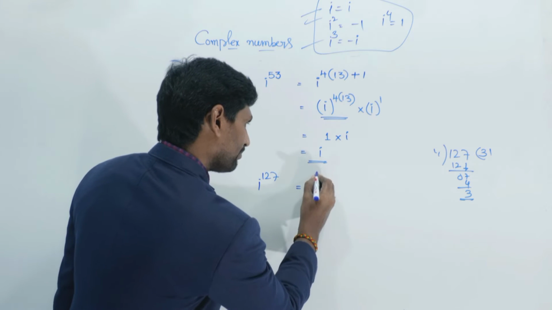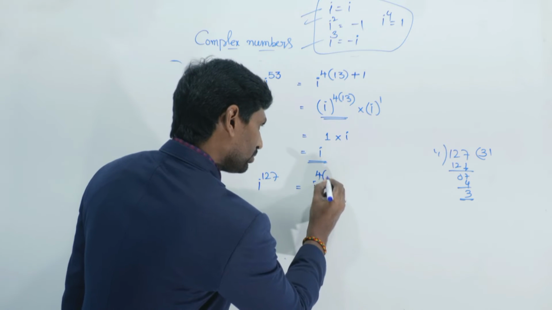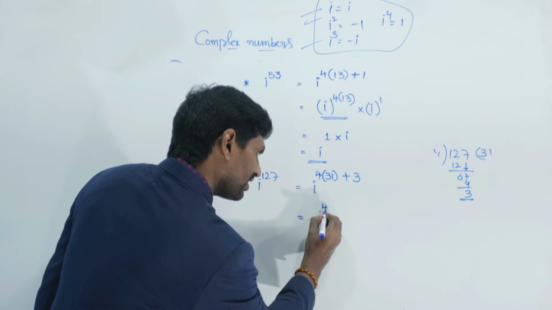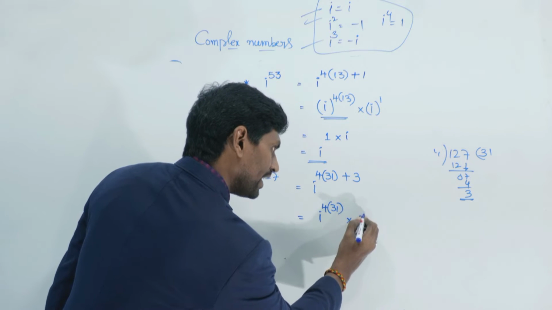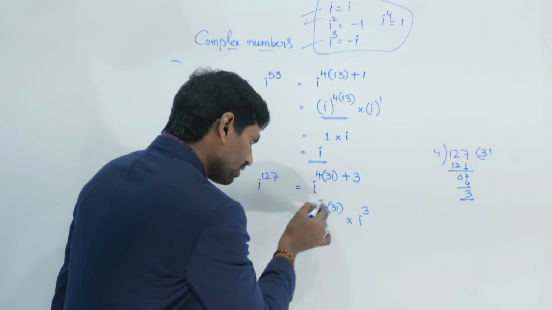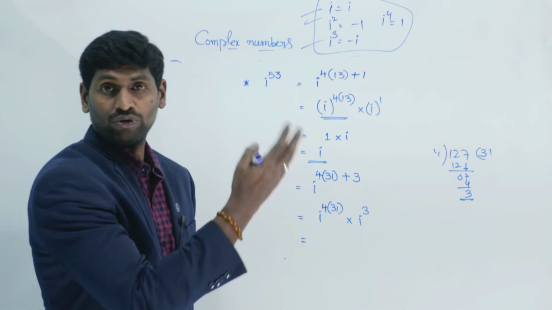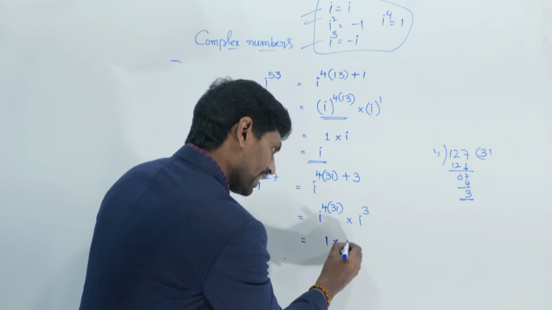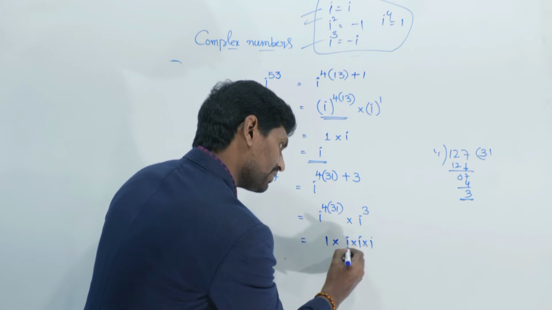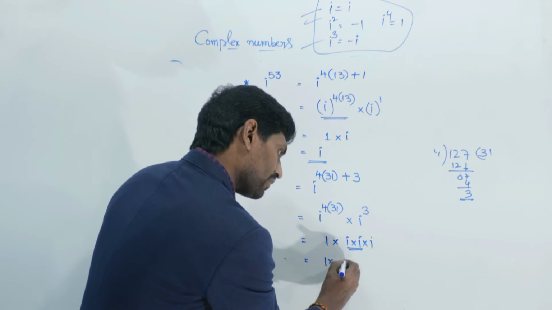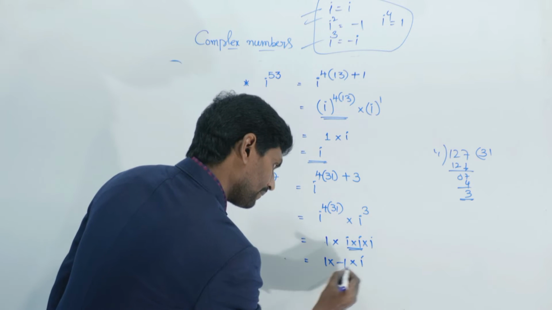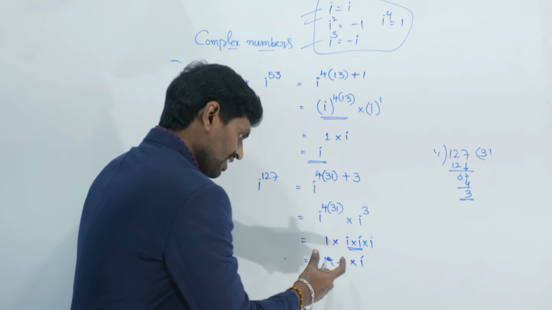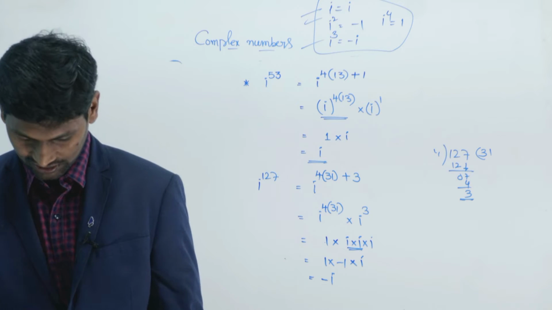That means i^127 we can write as i^(4×31+3), that is (i^4)^31 into i^3. Anything i^4 raised to any multiple is always 1, into i cube. The i cube value means i into i into i. The i square value is minus 1, so minus 1 into i, that is nothing but minus i. Because 1 into minus 1 is minus 1, minus 1 into i is minus i. That is the answer.